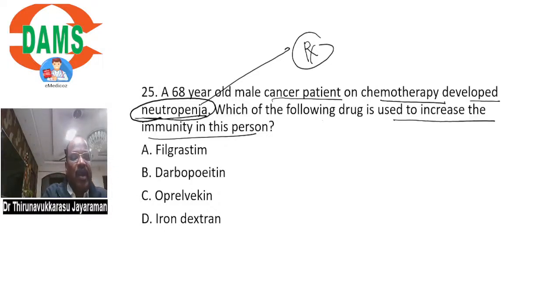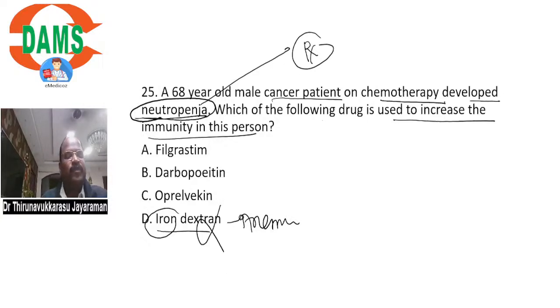See, very simple. Iron dextran, iron is useful for treatment of anemia. So ruled out. Darbepoetin, poetin like erythropoietin, epoetin, is also for anemia. Ruled out.